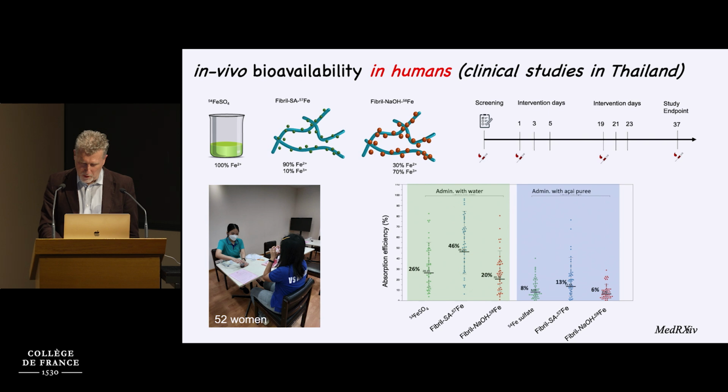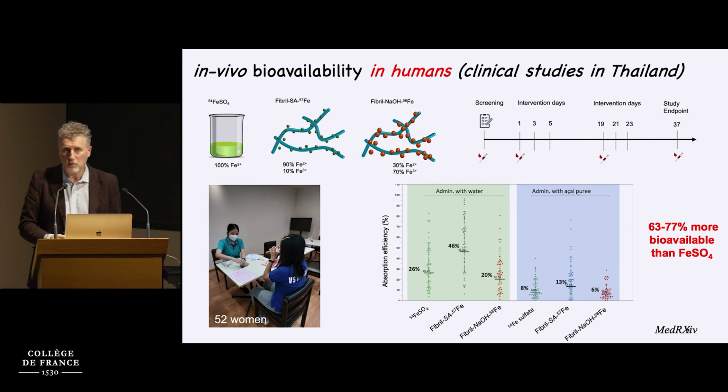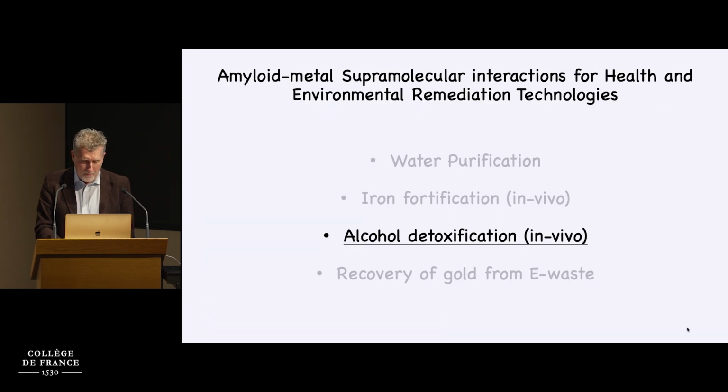So now we're working hard to prepare the revision of this paper, and hopefully we'll be able to submit in a couple of weeks. So the main highlight here is that we now have a formulation available where iron is more bioavailable than iron sulfate.